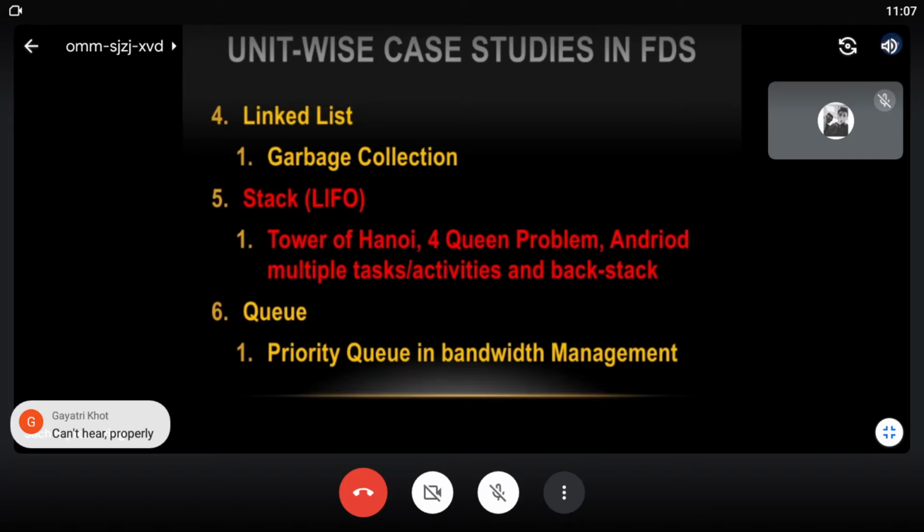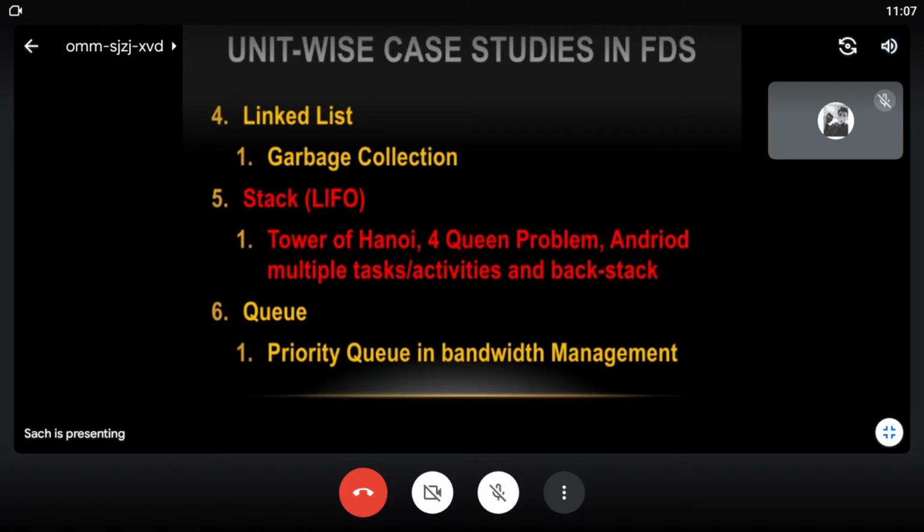So that was related to the 4 queen problem. And we have Android multitasking or activities and backstack as case study. You can choose any of them when unit 4 is being discussed.